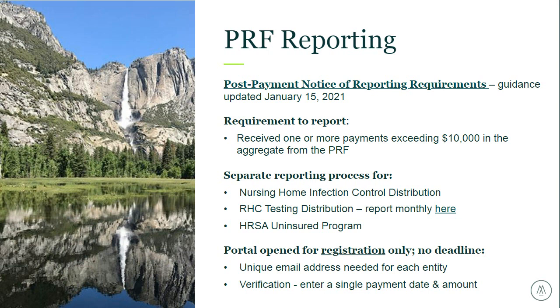You do need a unique email address for each entity that you're registering. It also helps to understand, if you have more than one tax ID number or multiple entities, how you're going to set it up. Is each one going to be separate, or are they nested under each other like parents and subsidiaries, all under one application? Definitely make sure you're doing that correctly.